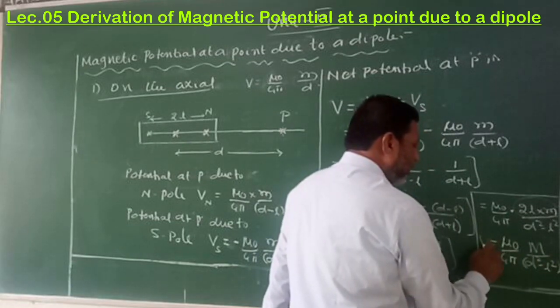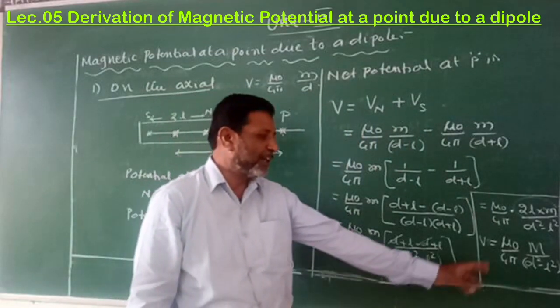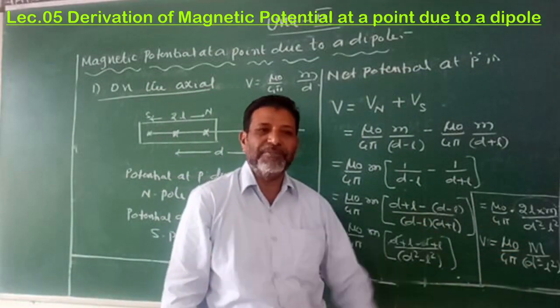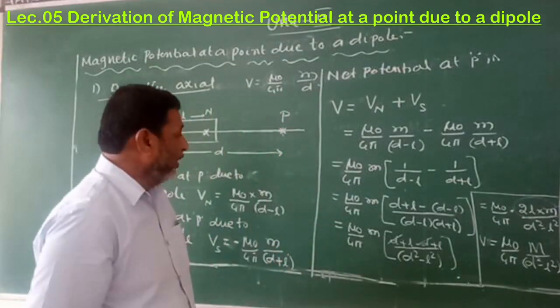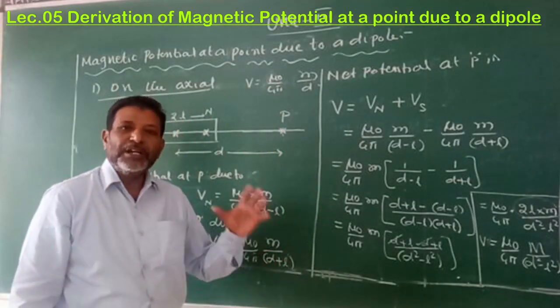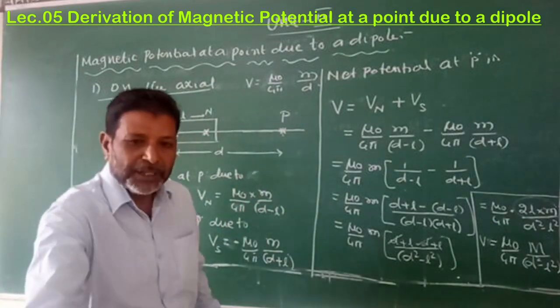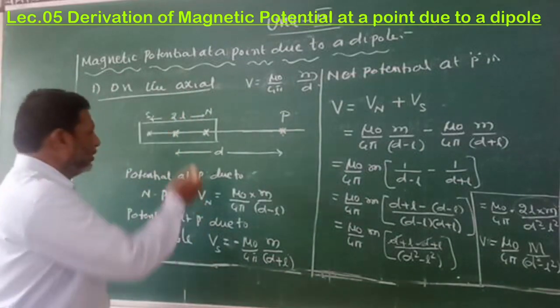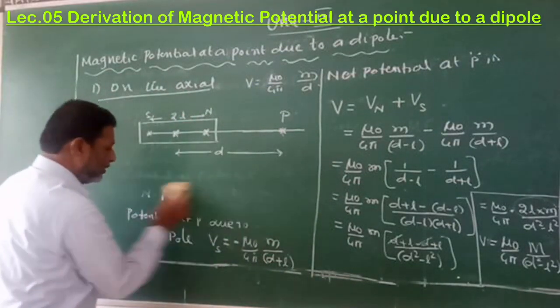So this is the formula of the potential at any point on the axial line of a dipole. Now I think all of you might have understood this. Now I will erase this one.